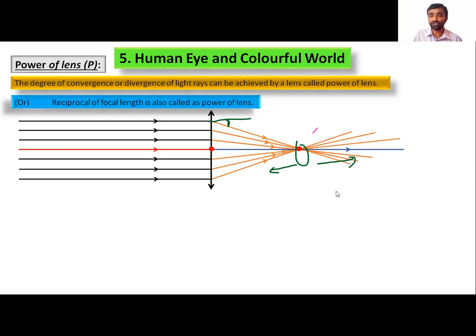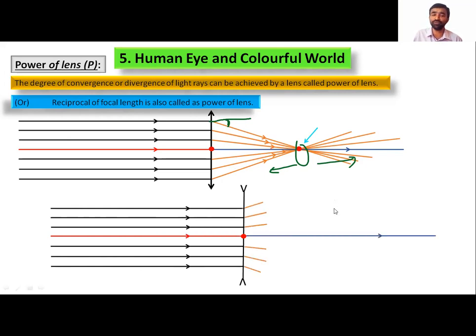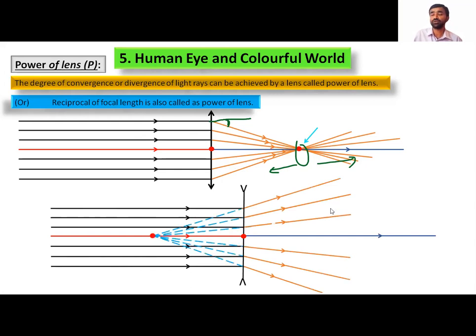You are able to change the converging point inside or outside. If you use a concave lens, you are able to do the same thing: change its diverging point using different lenses. So the converging point or diverging point is not fixed for all. It varies from one lens to another depending on its radii of curvature.